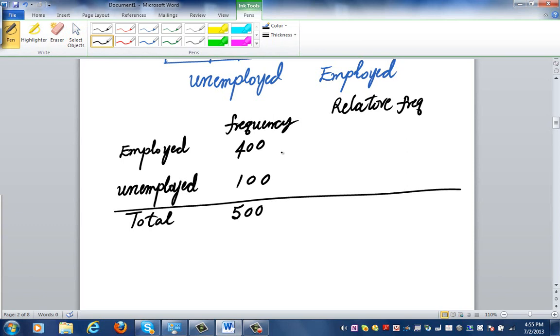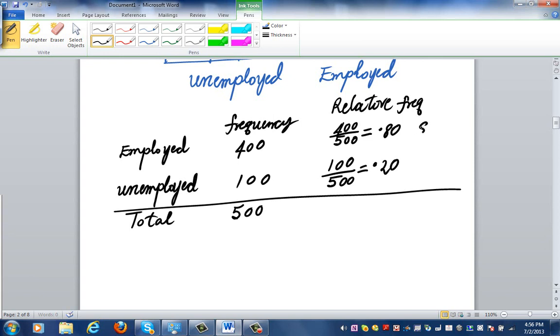and so relative frequency means the ratio of the frequency of each category to the total. So 400 divided by 500, which is 0.8. 400 divided by 500, that's 0.80, and 100 divided by 500, that's of course 0.20.